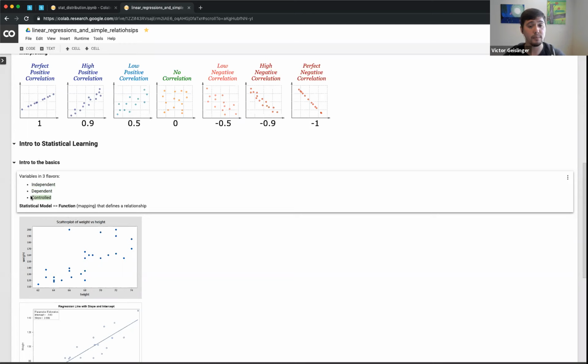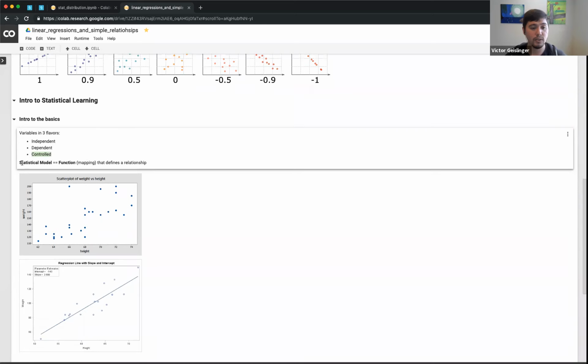So for example, in a study looking at first graders and whether they like Superman or Batman more, a controlled variable might be how you ask the question, do you like Superman more or Batman? That is something you'd have to control, how do you express this? Again, this is more like scientific testing, but that's where it's coming from.